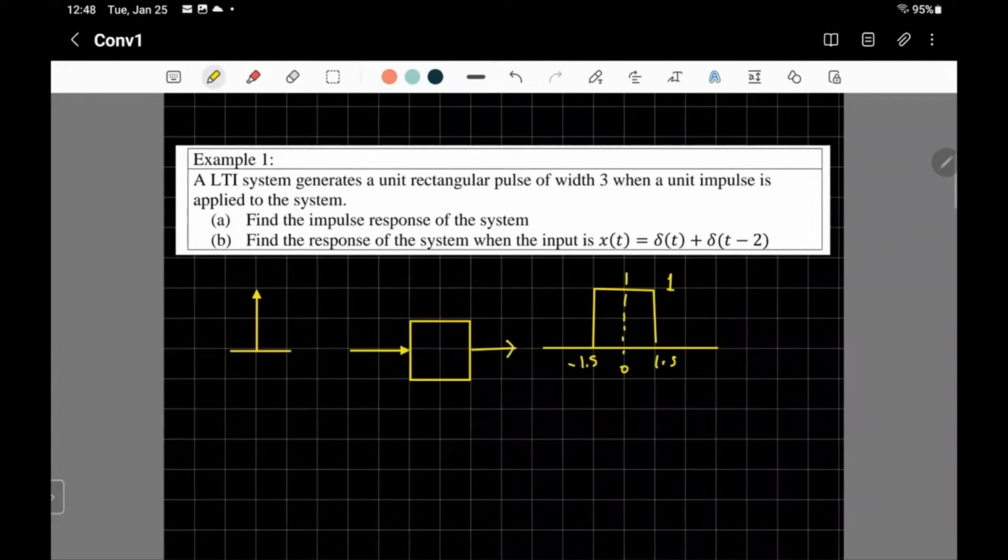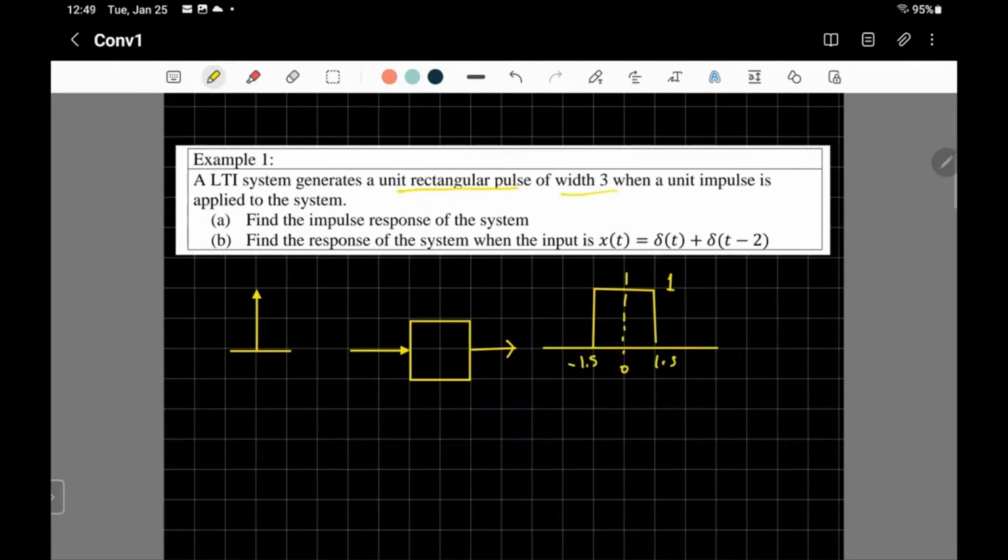So now we'll figure out the system. That's given. I'm just graphing what this is. Generate a unit rectangular pulse. That's a rectangle, and unity means the height is equal to 1. The width is equal to 3. All right. So A, find the impulse response of the system.